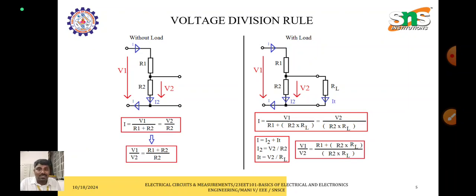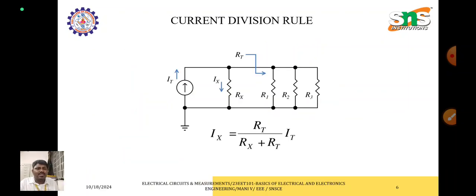It is equal to the total supply voltage into the same branch resistance divided by the total resistance of the circuit. So this is the formula used to determine the voltage across the resistance using the voltage division rule. And the current division rule.